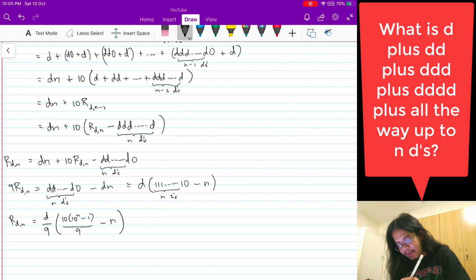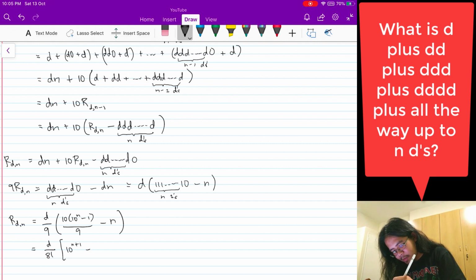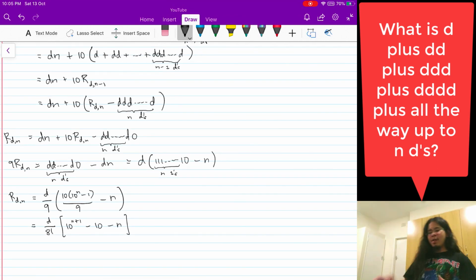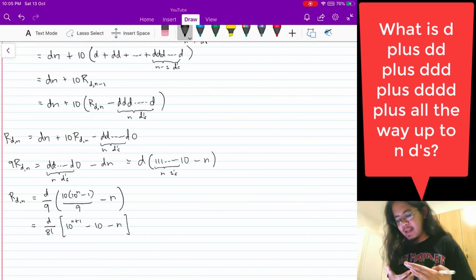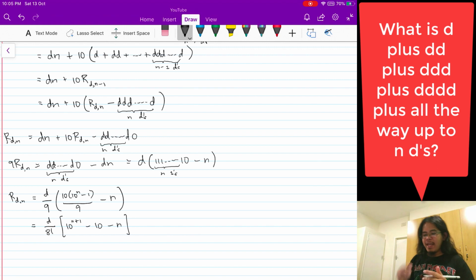And again, if I factor out 9, this gives me D over 81. I distribute: 10 to the n plus 1 minus 10 minus n. Bam! So we have a generalized repeated sum for any digit D, including 6.